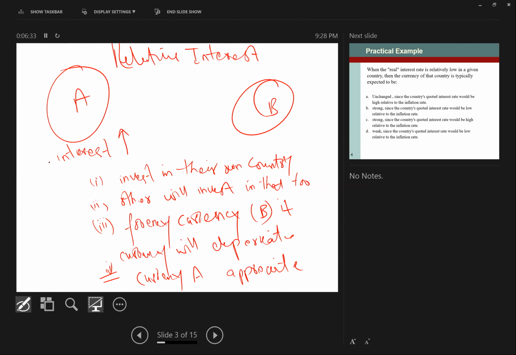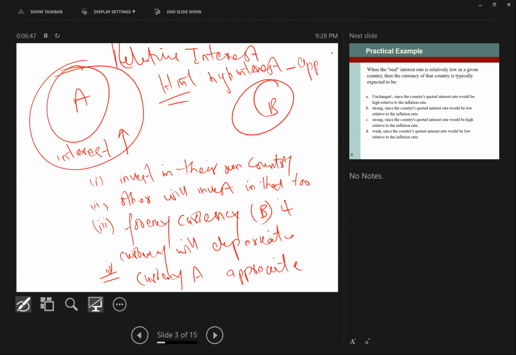So we can create a hint: high interest means your currency appreciates. Well done.